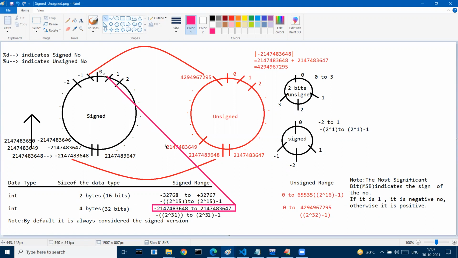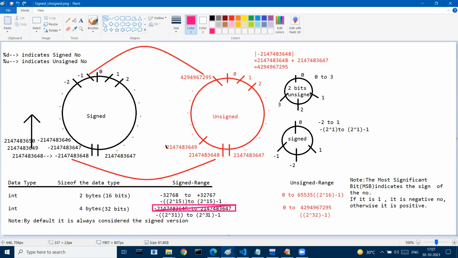On the positive side, from 0, 1, 2, and so on up to 2147483647. Similarly on the negative side, minus 1, minus 2, and so on, and the last negative value is minus 2147483648. As positive and negative signs are there, it is called signed representation.